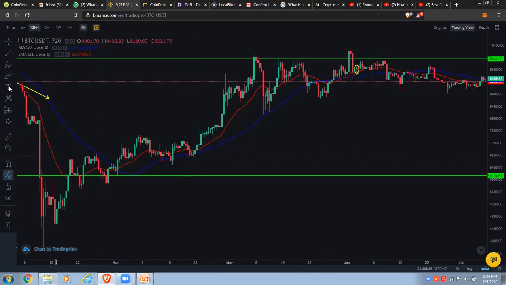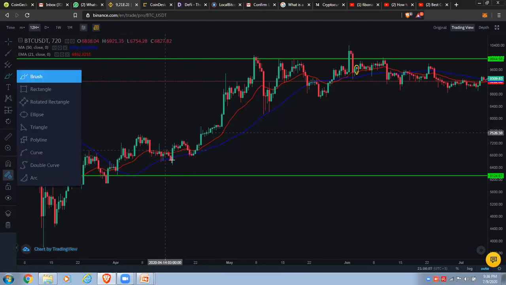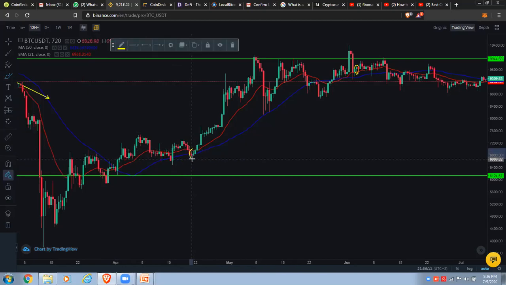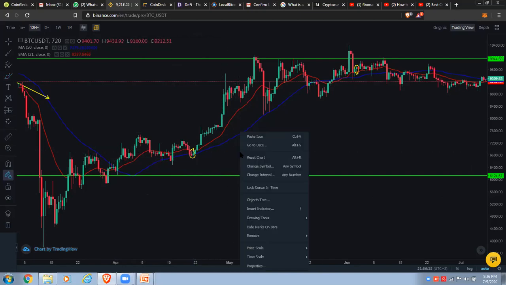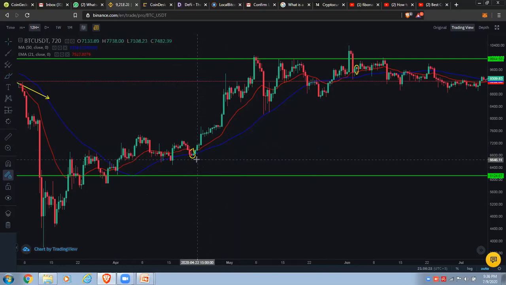Tweezer bottom. I hope you can see this tweezer bottom. Can you see them? And they are seated on the 50 moving average. Can you see those two? Yes, so those ones are tweezer bottoms. So with a tweezer bottom, you buy because they are on the support.